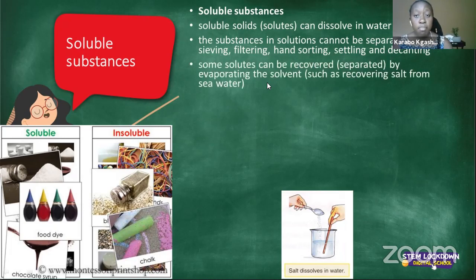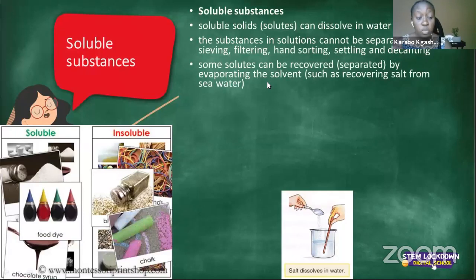Some solutes can be recovered, which means separated, by evaporating the solvent, such as recovering salt from seawater. If you want to separate a solution, you would need evaporation, by putting the liquid in the sun and ensuring that the water evaporates, leaving all the sand or salt particles at the bottom. We'll do an example later to give you a better understanding.